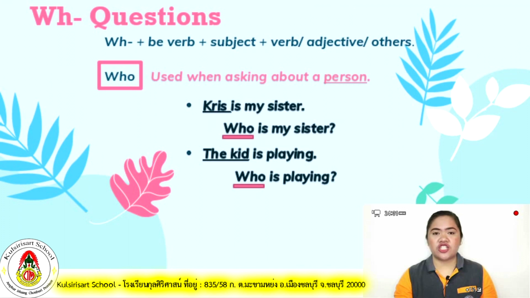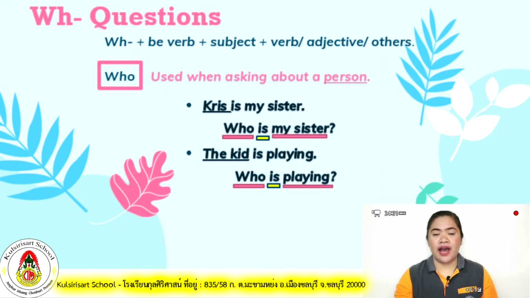But before that, try to look at this. Who. We have the WH word. Next is the be verb, is. And since we are asking about the subject here in the declarative sentence, you continue it with the verb or any other words.